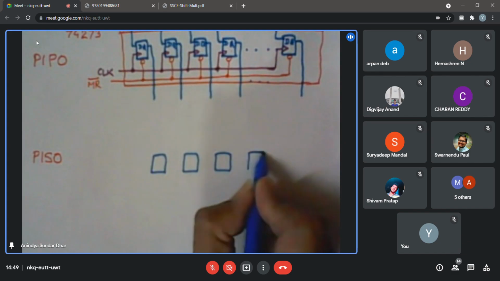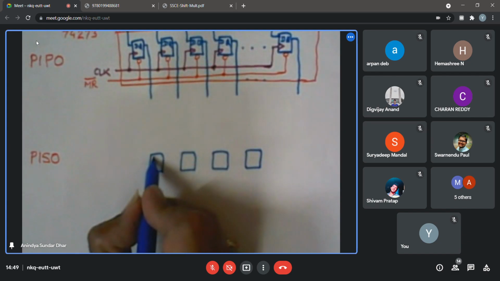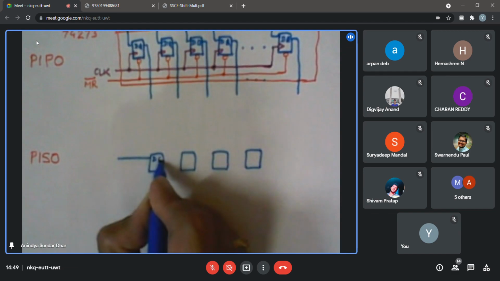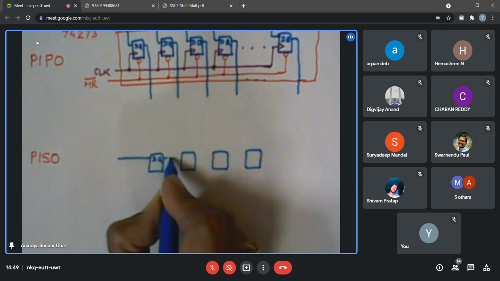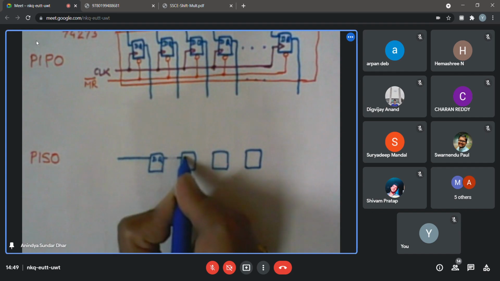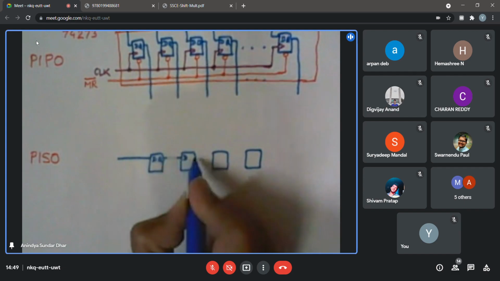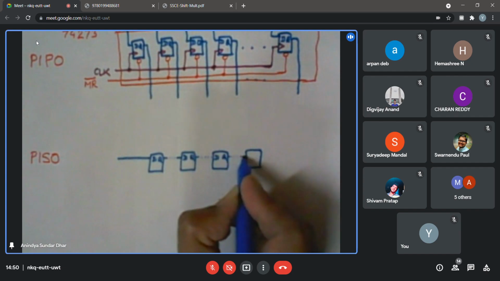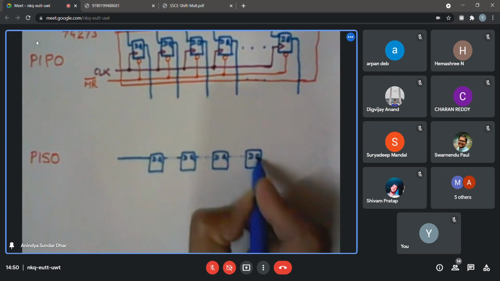In a parallel in, serial out, whatever be the number of flip-flops, it may look something like this: a D input here, you can serially input into this D. This Q, I'm just showing it through dotted line right now, as if there is a connection from this Q to the next D, and so on.